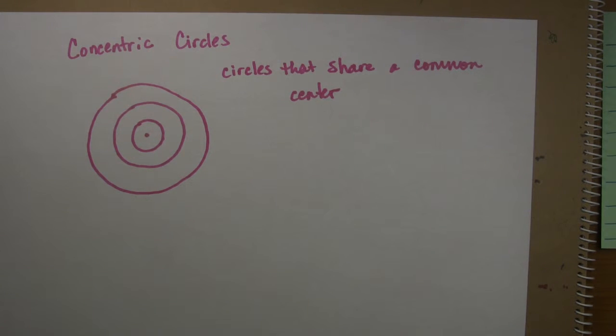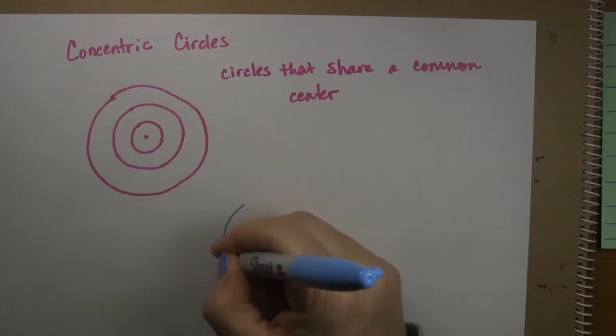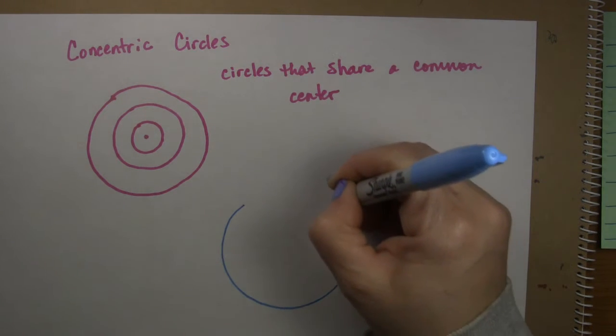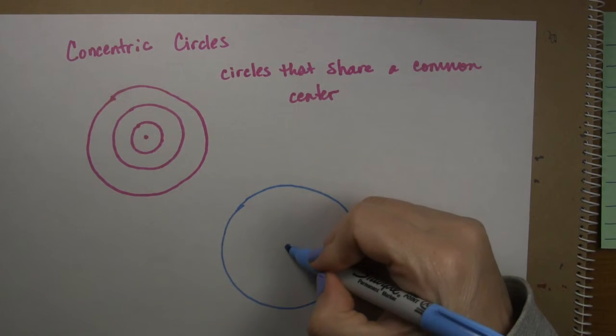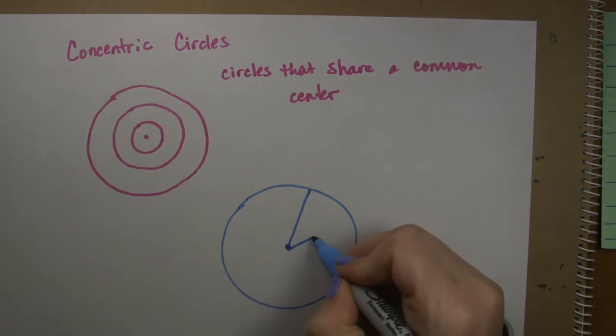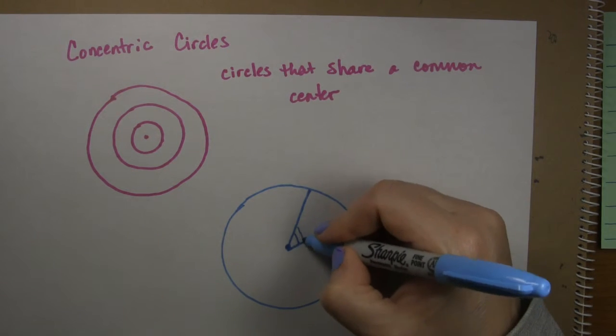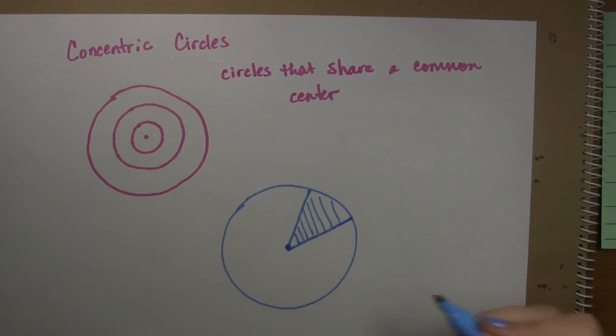Okay, so now in addition to that, we need to know what an arc is. And there are two major types of arcs. So let's do this. This right here is called a sector.